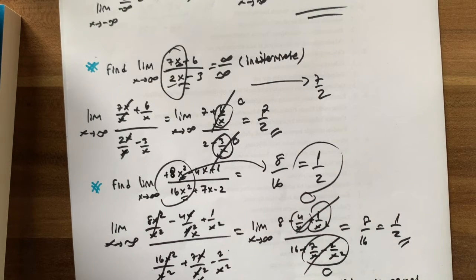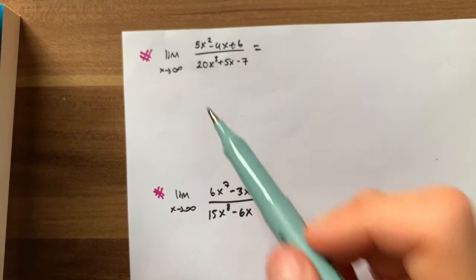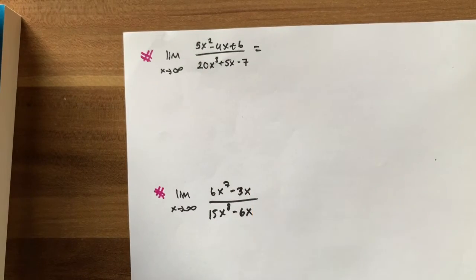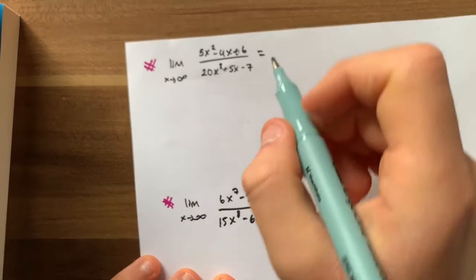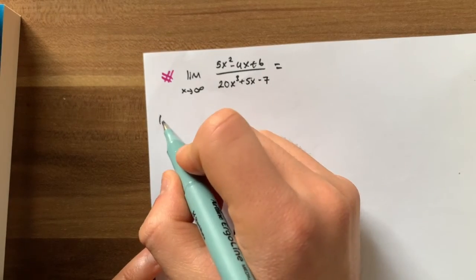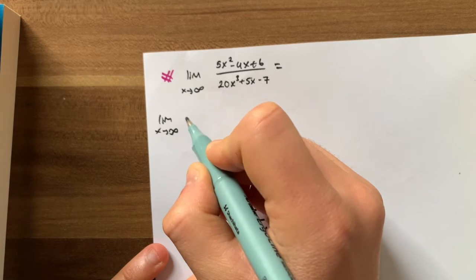So it's that easy. We have another example here. As you can see, the highest exponent of the numerator is not equal to the highest exponent of the denominator. So we are gonna do the same thing that we did previously. We are gonna divide by the highest x. Limit x goes to infinity.